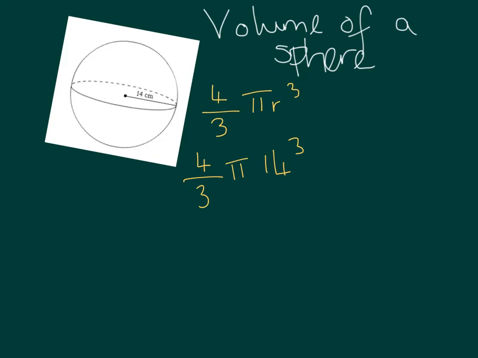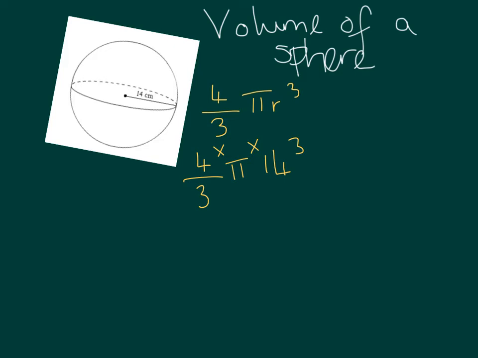So what I've got is 4 over 3 times pi times 14 cubed, and that's what you need to put in your calculator. For the 4 over 3 you can use your fraction button, then you need to find pi, you might need to use the shift button for that, so have a go at that, and then you've got 14 cubed, so there's a lot of things you need to find there, so take a moment to do that.